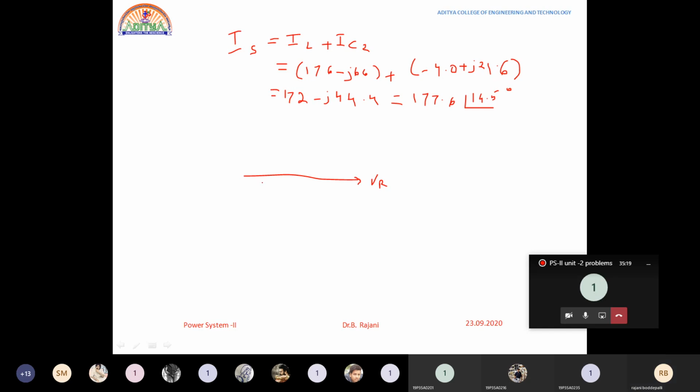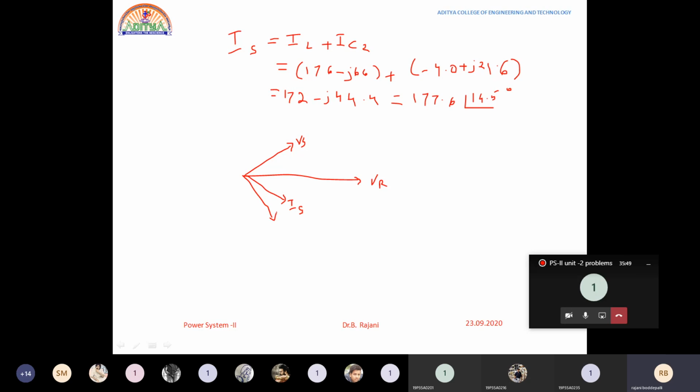Now here we have the sending end side current like this. IR lags VR by an angle phi. But here IS is the sending end side current, and this is the sending end voltage. If you look at the phasor diagram, you can understand better. IL is the load current like this.